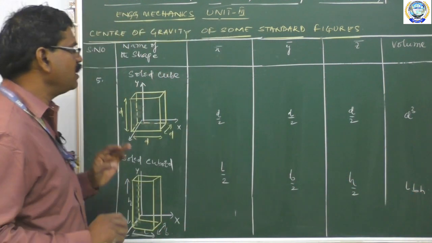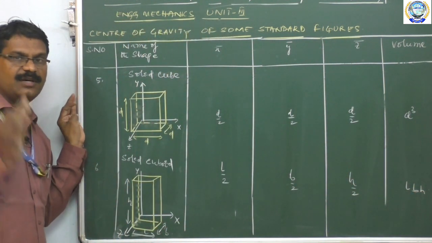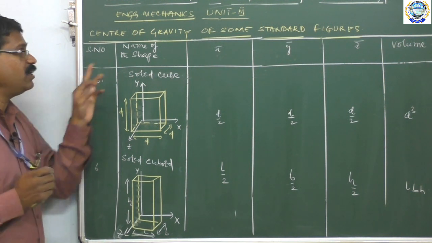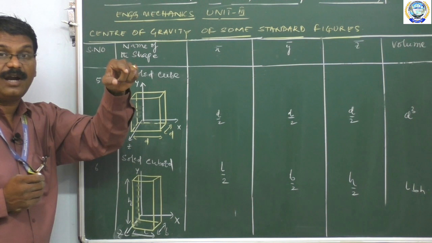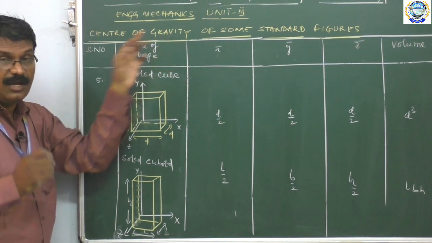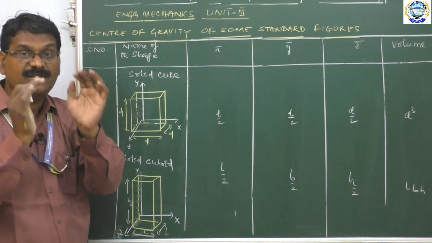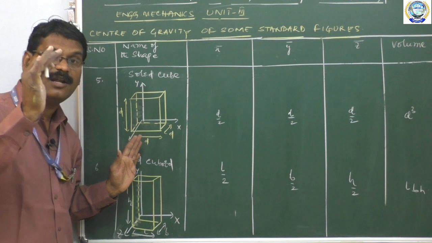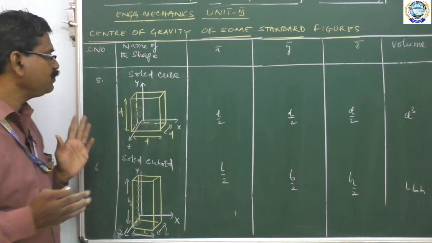Like this, my dear students, we have 6 standard figures, and with the utilization of these 6 standard figures, we need to find the center of gravity. As I told you, the point to remember in the determination of center of gravity is that these 6 figures are to be linked with the 3-dimensional axes. That is one of the important points.